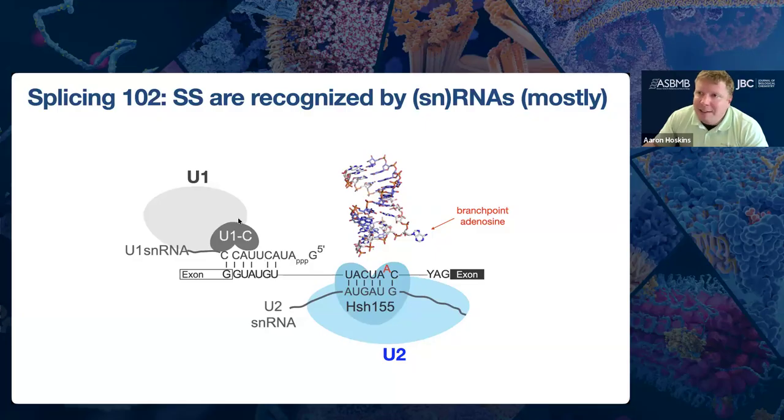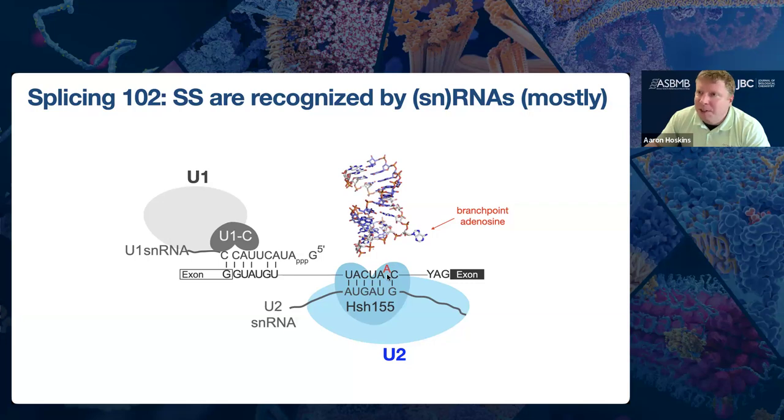The U1 snRNA is a component of something called the U1 snRNP, which is a collection of proteins and RNA. That stands for small nuclear ribonucleoprotein. The very 5' end of the snRNA base pairs with the 5' splice site. The branch site is recognized by pairing between the U2 snRNA in the U2 snRNP and the branch site sequence.